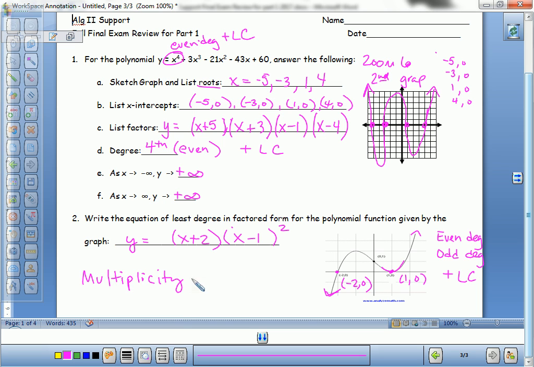Multiplicity of the root. If it has even multiplicity, if that number's even, it bounces. Odd passes. If it's odd but greater than 1, it passes with an inflection point.